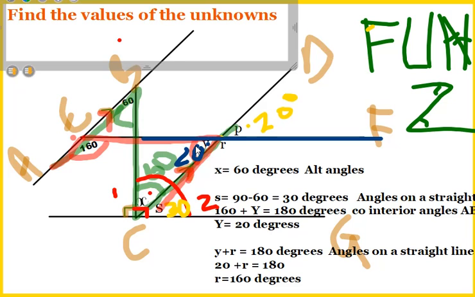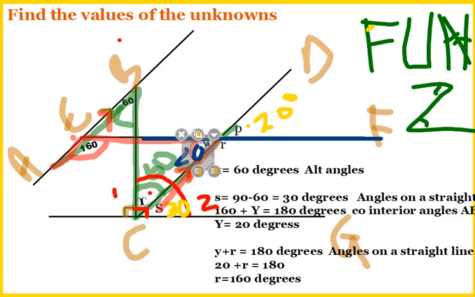So I said if we have Y as 20 degrees, then this Y plus this R right there should give us 180 degrees because they're angles on a straight line. So that's how we got our R to be 160 degrees.